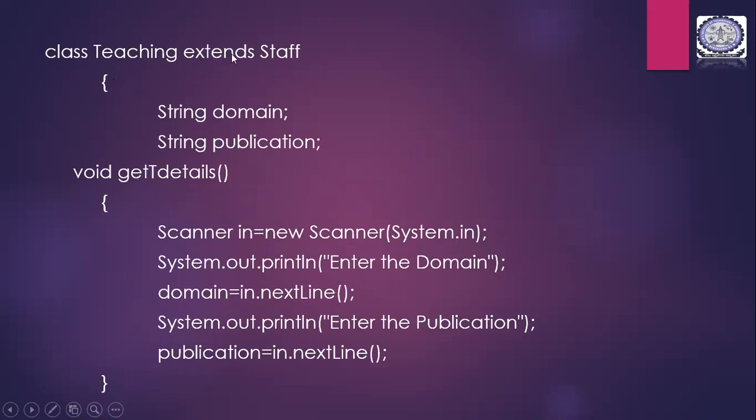So, teaching extends staff along, apart from those variables, you will also have to take in the values for string domain. So here domain is, in which domain is the staff in, okay, and what are the publications that the staff has. So we take both to be of string values. Okay? So we give the data type string along with domain and publication.